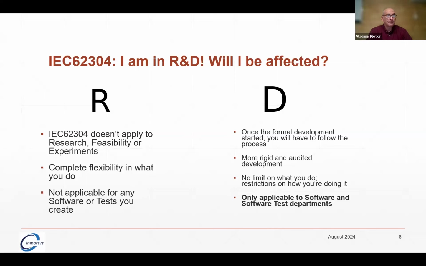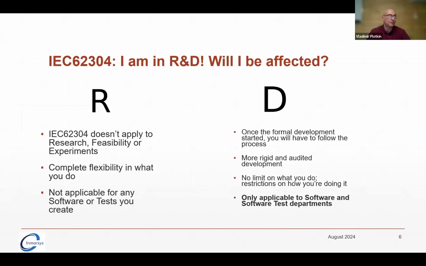Now, when people work in R&D, the big question is whether they shall adopt standard 62304 straight away, or they can postpone it until some moment. One way to look at it is to split R&D into R, which is research, and D, which is development. Once you're in the research phase, the 62304 or any other standards really don't apply.